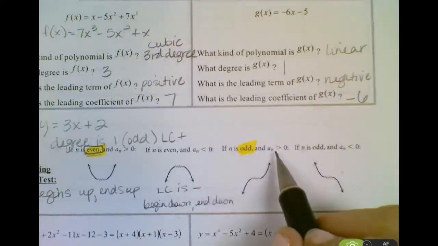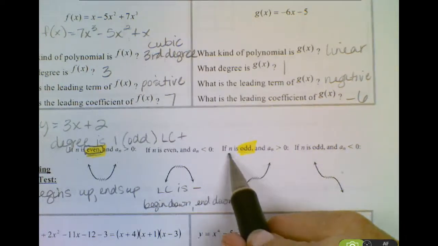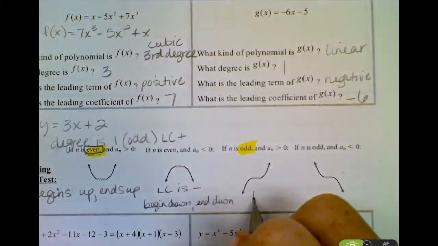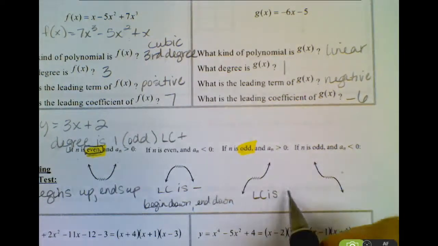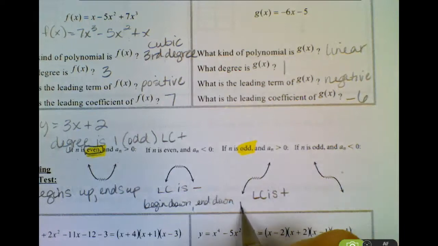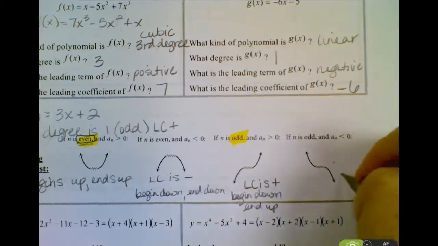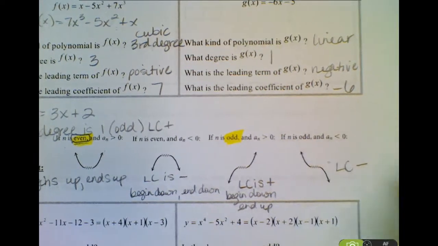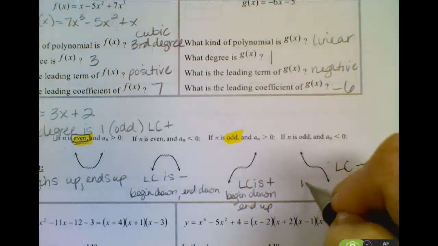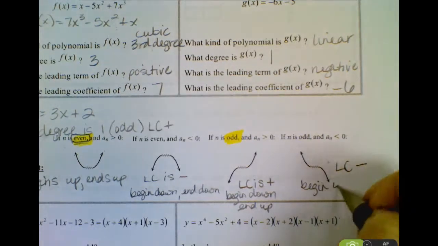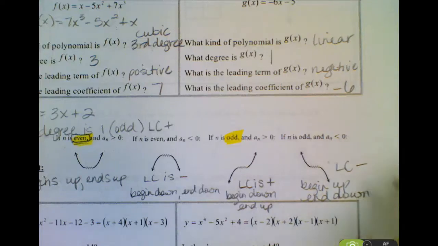So if the leading coefficient is positive, it's going to begin low, begin down, and end up. If the leading coefficient is negative, it's going to begin up and end down. It's going to be going downhill overall.